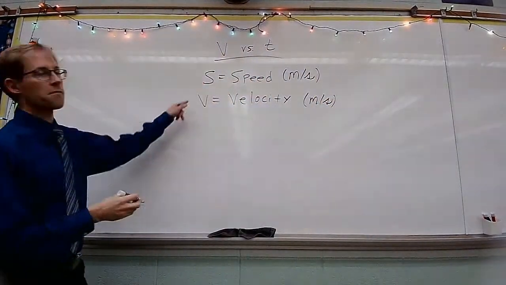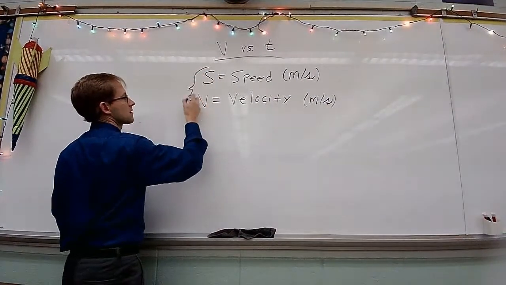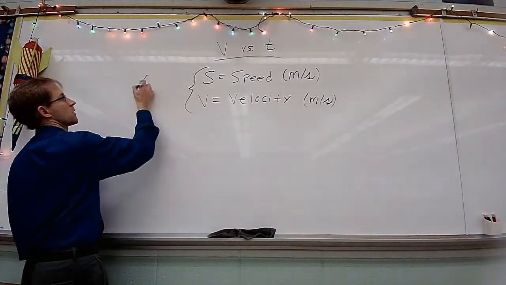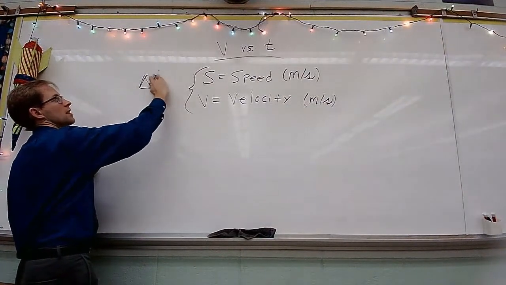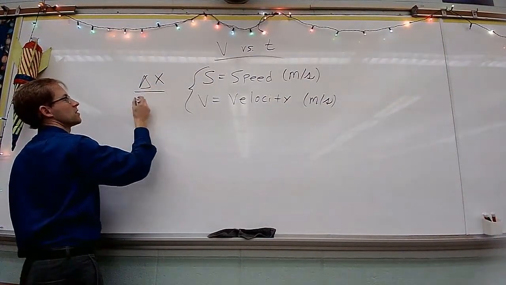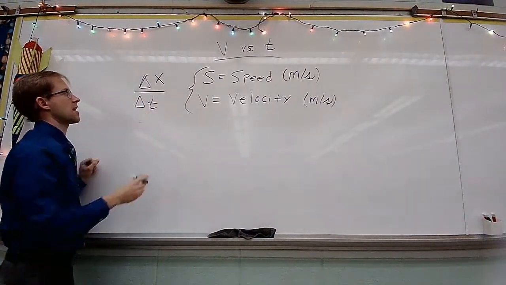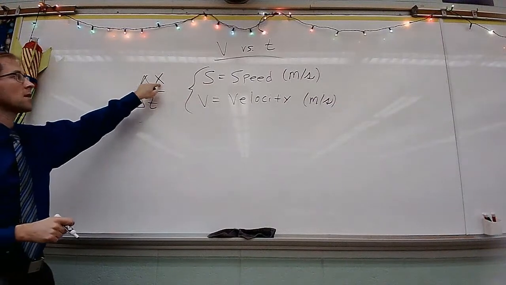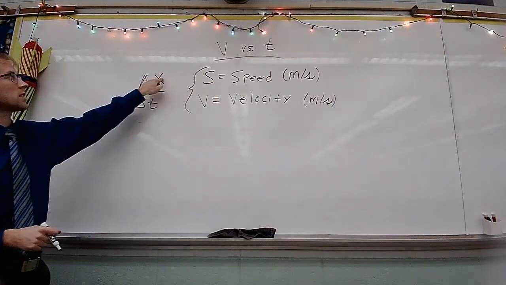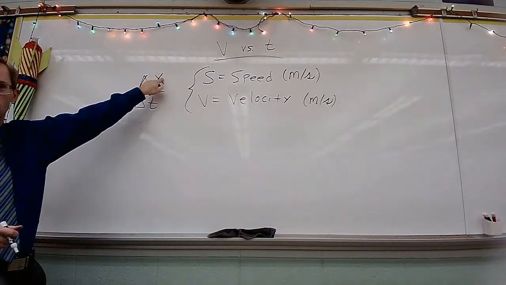And the only difference between these two things, you don't have to put this in your notes, but they're both found by taking change in position over change in time. But this position represents something different for each of them. For speed, it would represent how far you've actually gone total.